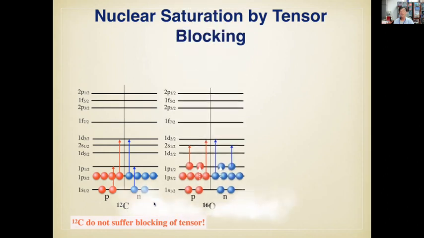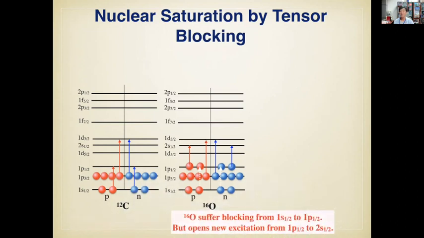Now, the situation changes in oxygen-16, because you fill the nucleons as a zero base configuration. Then those transitions are completely blocked. So you lose that 14 MeV. I mean, the tensor interaction was giving 14 MeV in alpha, but now you lose that binding energy from tensor interaction.